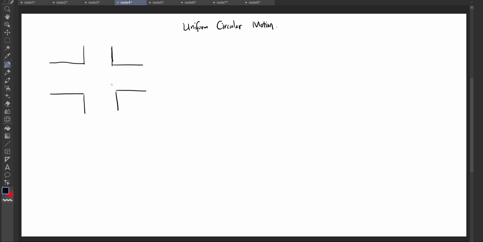This example, so let's say there's a car driving this way with a constant speed, and then turns the corner, and this part of the trajectory is circular with radius r. Okay, so now the speed here is v equals a constant.